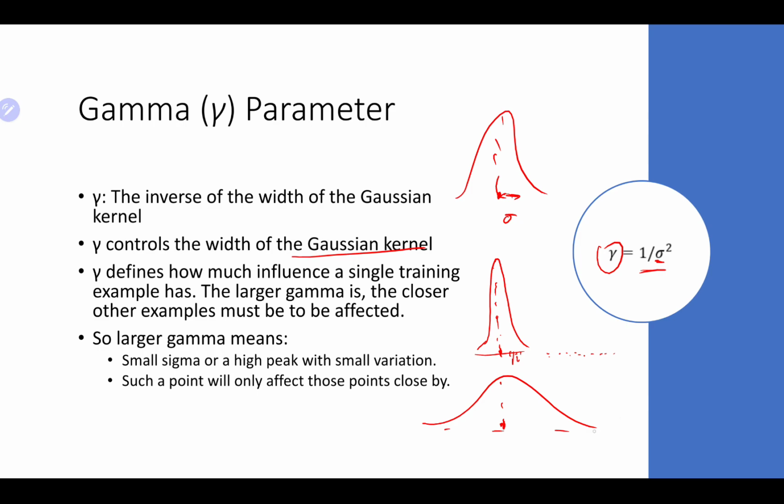Even the further away points will be affected, but the amount is not too big. So a larger gamma means a small sigma, or a high peak with small variation, and such a point will only affect those points that are close by. With a much larger gamma, we have a much more complex model, and there will be overfitting if the gamma gets too large.